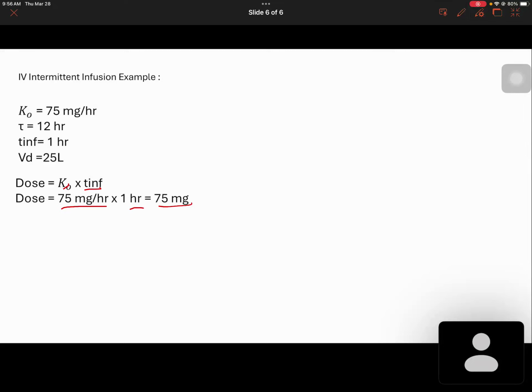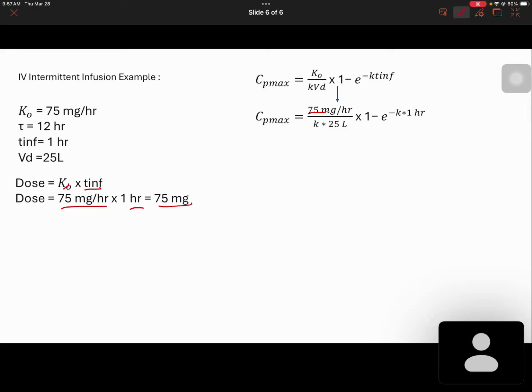So then say we were first asked to write an equation for a CP max. As we've already alluded to, CP max is K0 over KVD times 1 minus E to the negative K T infusion. Because at our infusion time, that'll be our max concentration before we enter the falling phase. And since we're not in the falling phase, that E to the negative K T minus T infusion doesn't apply yet. So if we take in all the values that we know, our K0 is 75 milligrams an hour.